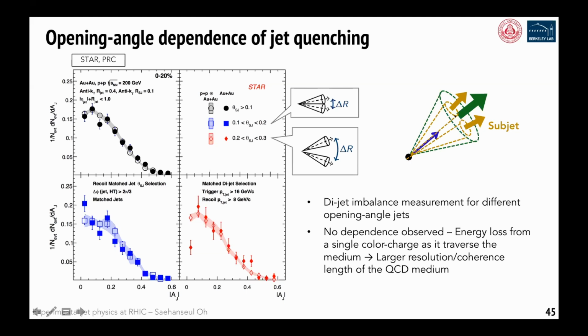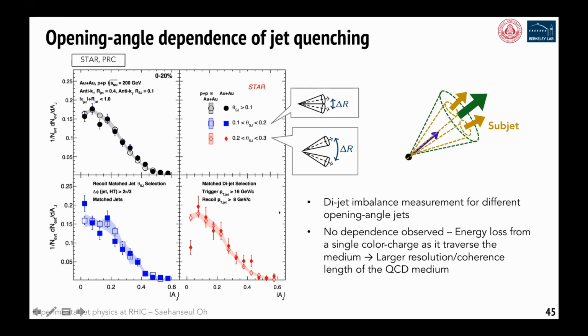If the distance, this delta R, is large, we have a wider jet. And if the distance between these two subjets is small, that means a narrower jet. So the jet substructure is a bit narrower than the other. We categorize jets based on this distance between two subjets. So theta_Sj is the distance between two subjets. We have two different categories, and this is more or less an inclusive category.